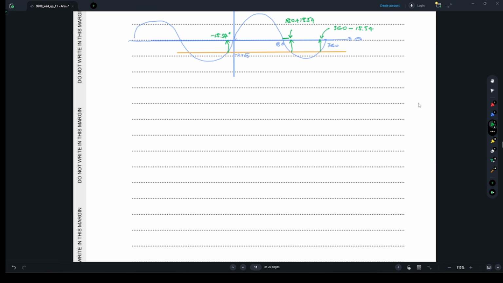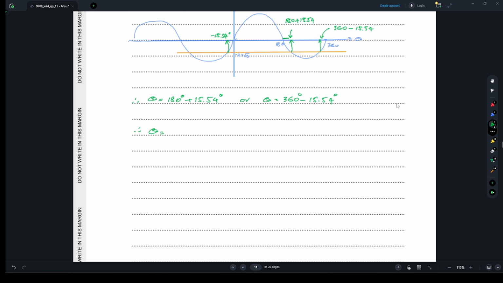Therefore we can write theta equals 180 plus 15.54, or theta equals 360 minus 15.54. For one decimal place we have to keep, because these are angles, so I have to put degrees as well.